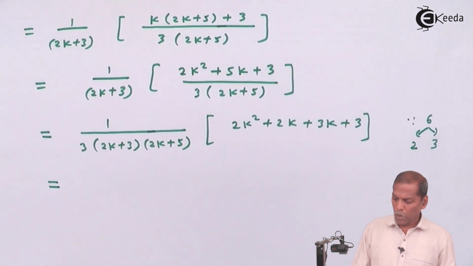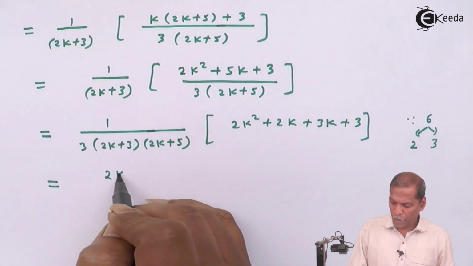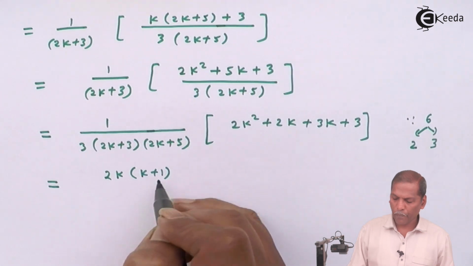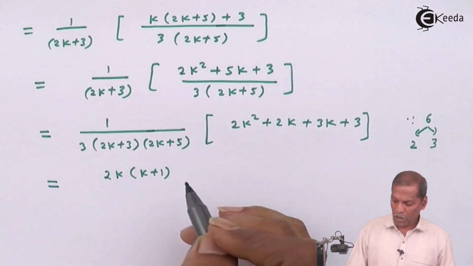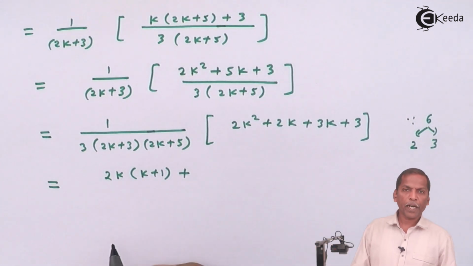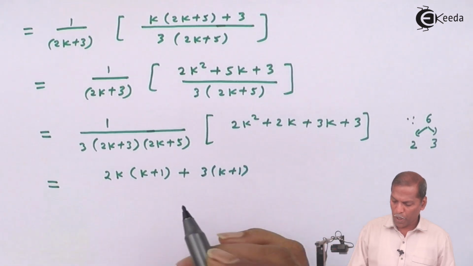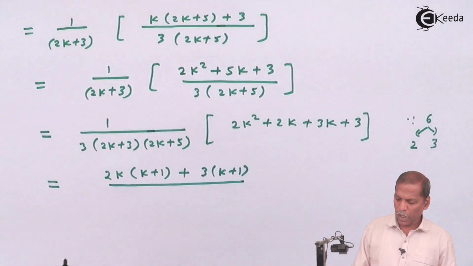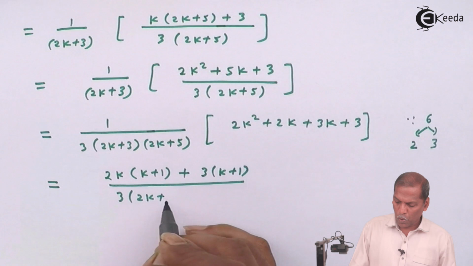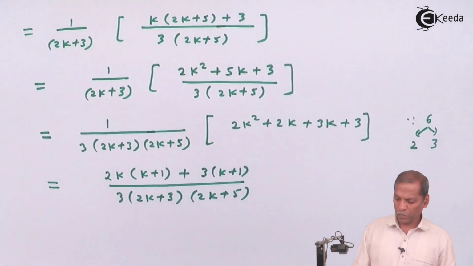Now from the first two terms we take 2k common, so in bracket we have k plus 1, plus, the remaining two terms, 3k plus 3, we take 3 common, so in bracket we have k plus 1, and then the whole thing is divided by 3(2k plus 3)(2k plus 5).